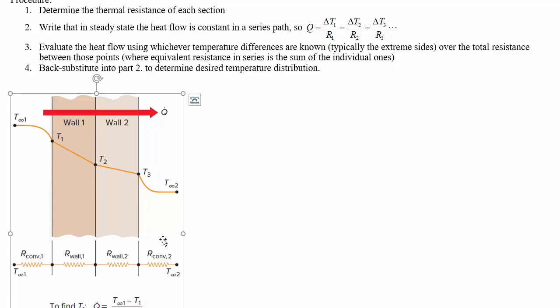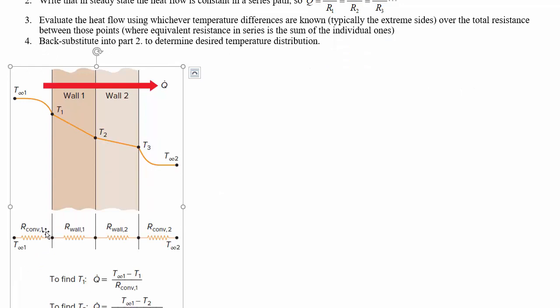And what makes this useful is the idea that in steady state, the rate of heat flow has to be a constant all the way across. So from the same logic that we use to generate the Kirchhoff's laws for electrical circuits, we could generate the Kirchhoff's laws for thermal circuits.